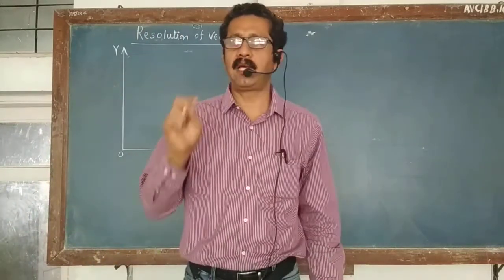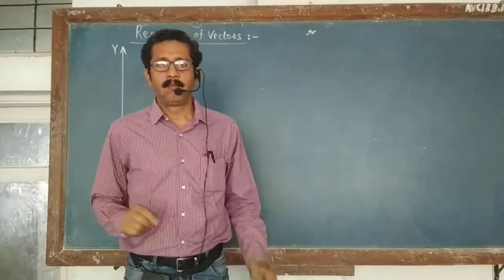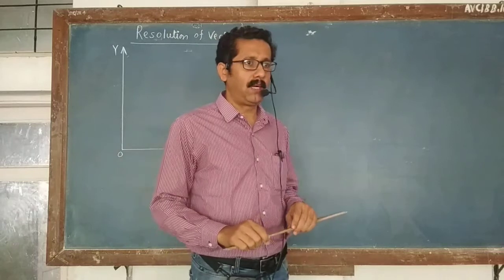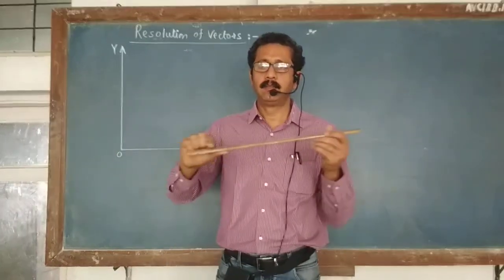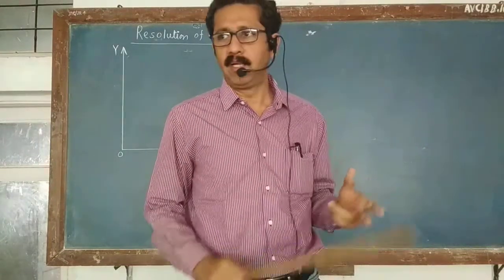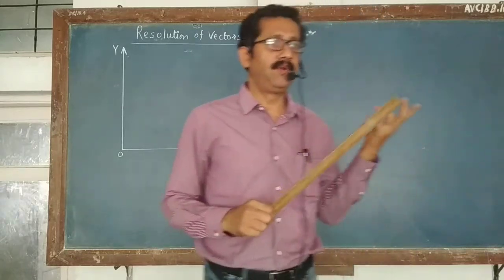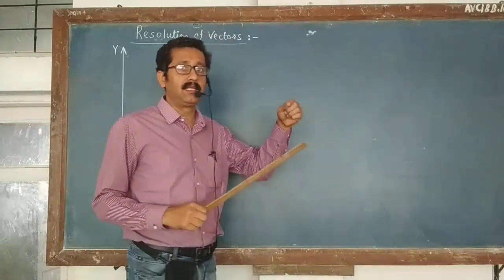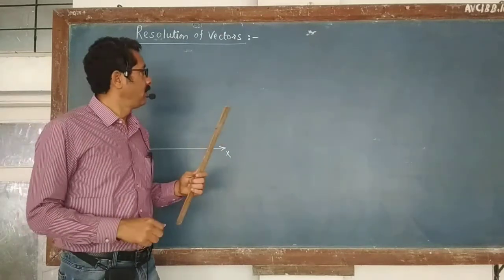A vector having magnitude equal to 1 is called a unit vector. But magnitude equal to 1 can have any kind of direction, so you will have unit vectors in all possible directions. Then how can we decide the unit vector in a certain direction? That also we are going to find out today.